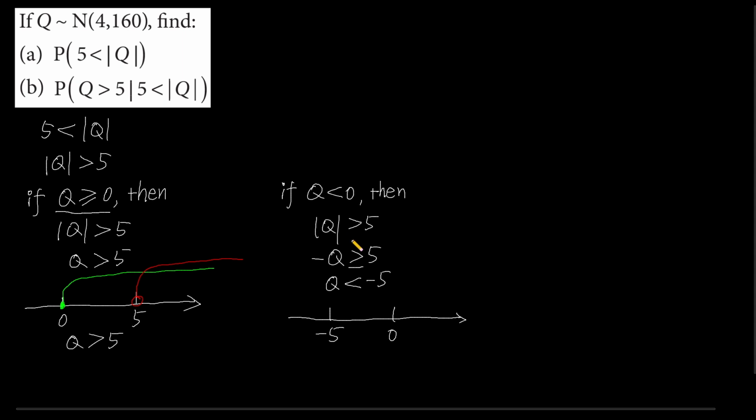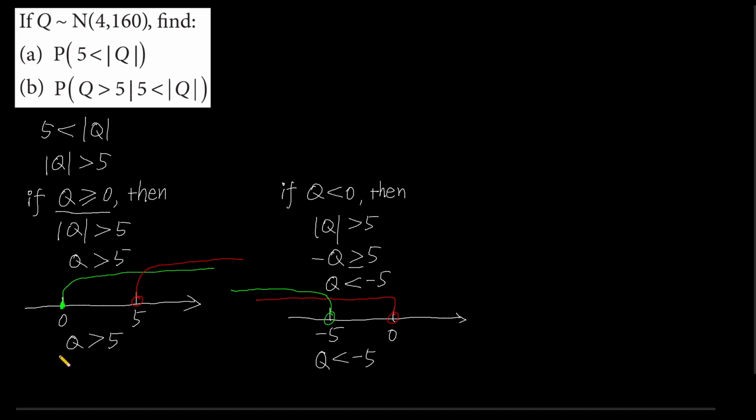For Q less than 0, it's this region. For Q less than negative 5, it's this region. So the overlap of them is Q less than negative 5. So the answer is Q less than negative 5.